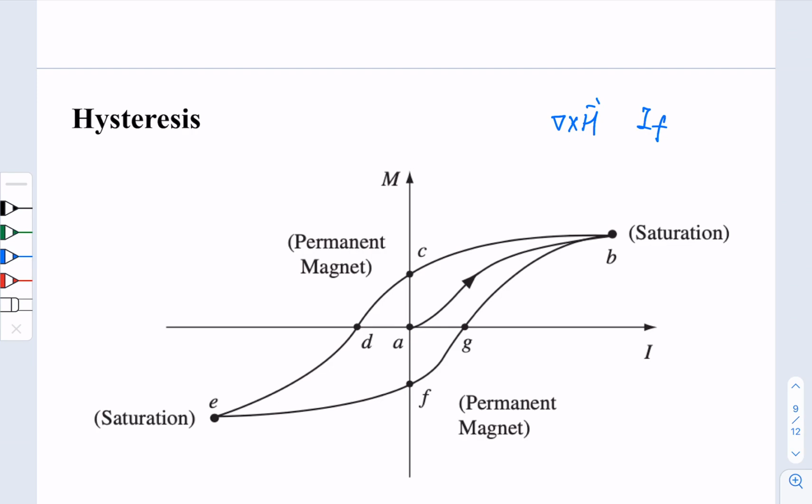Typically we slowly apply a current, then ramp the current back down, and what's left over is a permanent magnet.